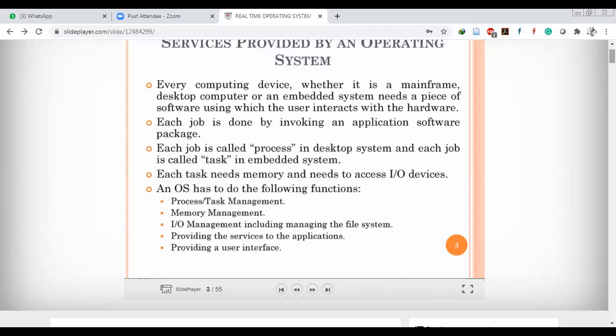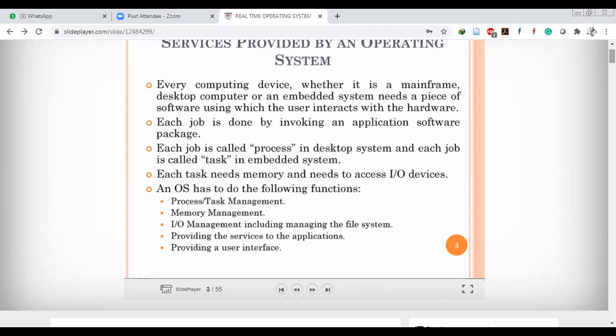That is the difference between process and task. Each task needs some memory and needs some IO device.